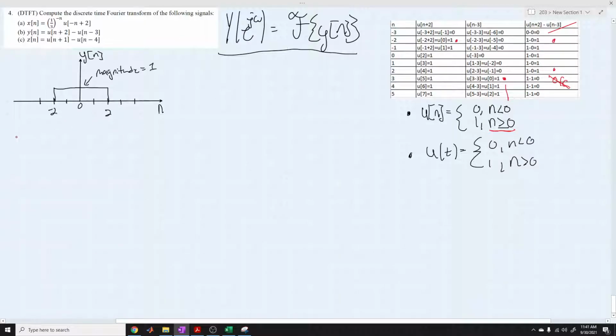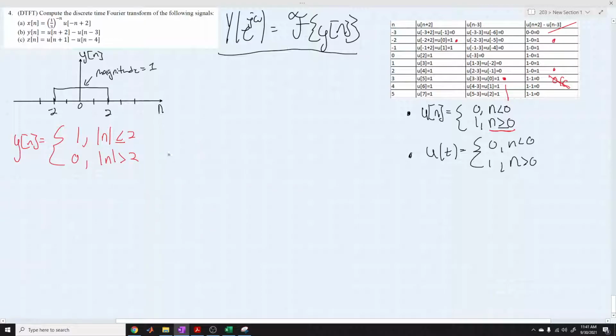So this would be the plot of that. Now let's define y of n as a piecewise function. It's going to be equal to 1 when the magnitude of n is less than or equal to 2, and it's going to be 0 when the magnitude of n is greater than 2.